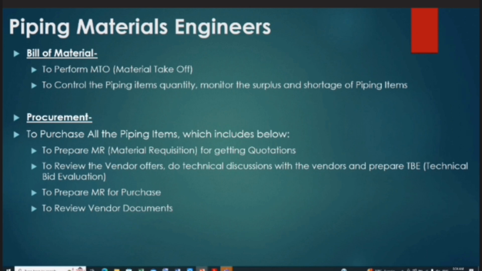So let us say the pipe manufacturer generally will not manufacture the valve, or the gasket manufacturer will not manufacture the pipes. Even in the pipes, few vendors will only manufacture the carbon steel pipe. Few vendors will manufacture only the stainless steel pipe. So depending on the category also I have to select the different vendors.